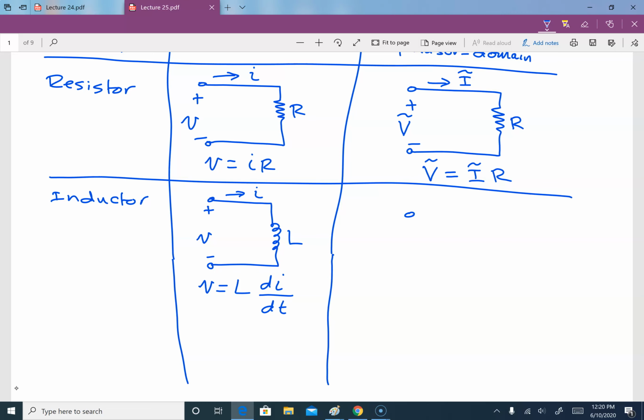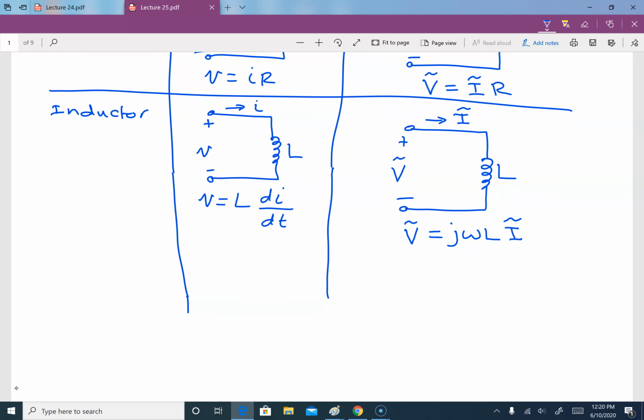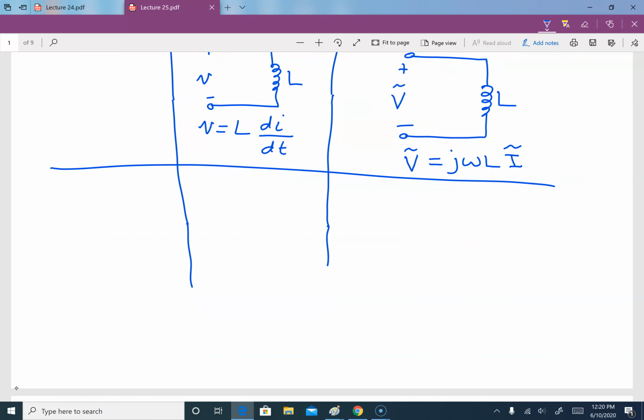And then in phasor domain, this is phasor V, the current flowing in here is phasor I, this is our inductance, then our phasor V is equal to j omega L times phasor I. That is for inductor. And then the last element here is our capacitor.